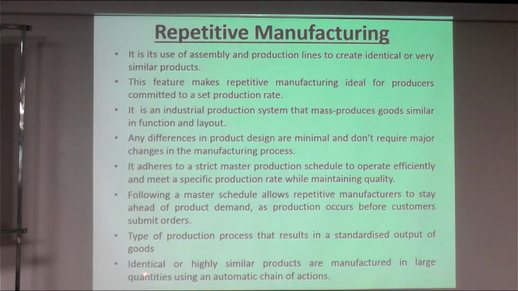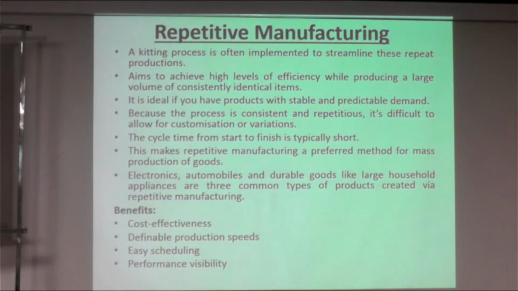Types of production processes that result in standardized output of goods. Identical or highly similar products are manufactured in large quantities using an automatic chain of actions. In repetitive manufacturing, a kitting process is often implemented to streamline these repeat productions. It aims to achieve high levels of efficiency while producing a large volume of consistently identical items.